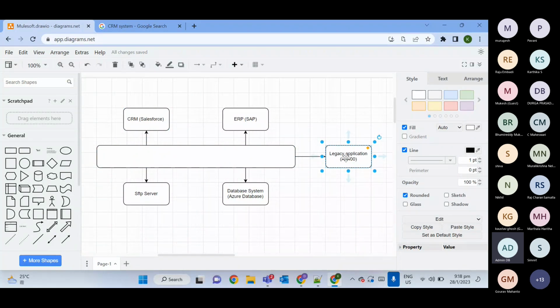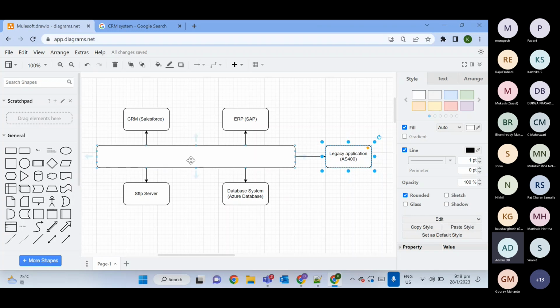But in the legacy application, it knows only name. It doesn't know first name and last name. It has the capacity to store only name, which should be a combination of first name plus last name. So this middleware technology has the capability to connect with this system and this system also.